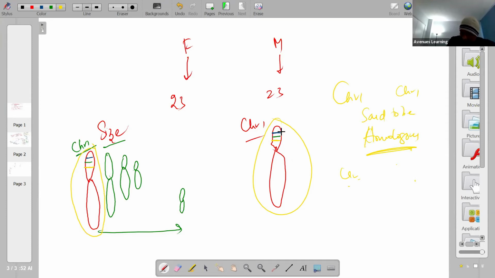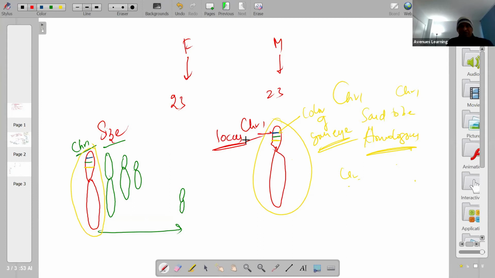Now, let's say this blue line is representing a gene, which is responsible for the color of your eye. This position on the chromosome is called locus.